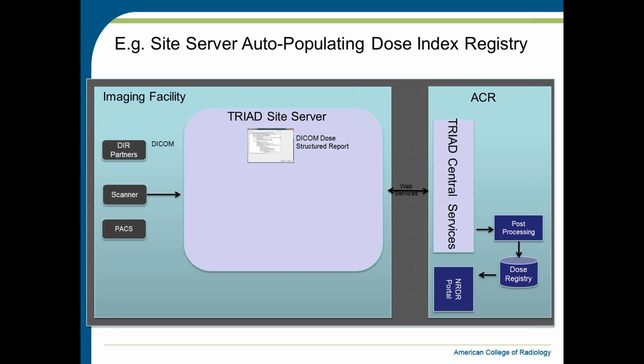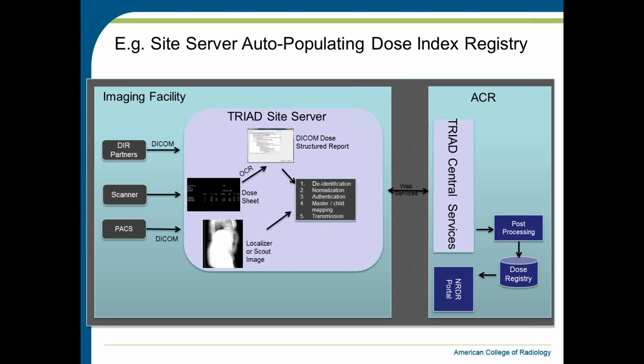The site can push the data directly from scanners into the site server, and we do prefer our DSRs being pushed, and also the localizers, so that we have the site-based dose calculations available. Likewise, they can submit the data from their PACS, which is the second option. From there also we receive our DSRs primarily, especially for the newer scanners.